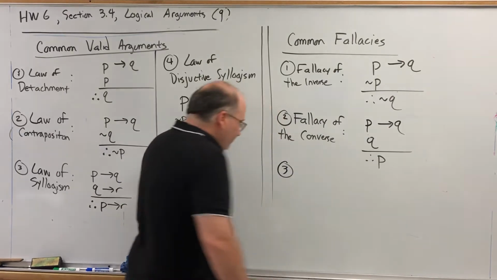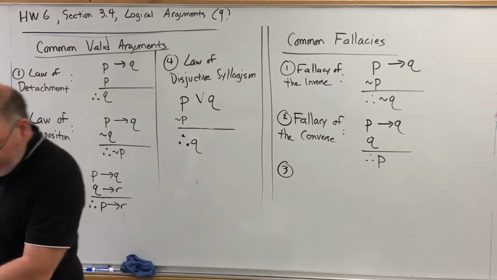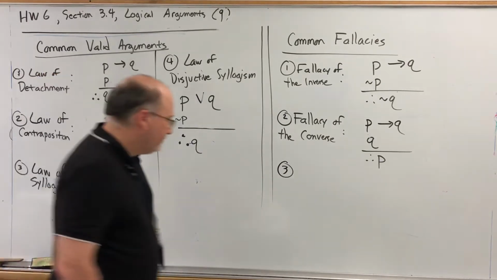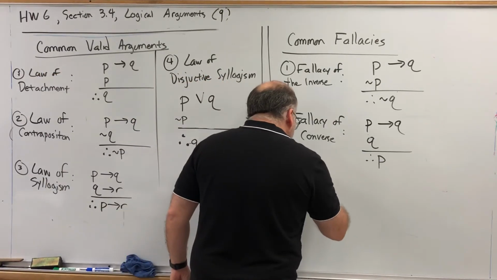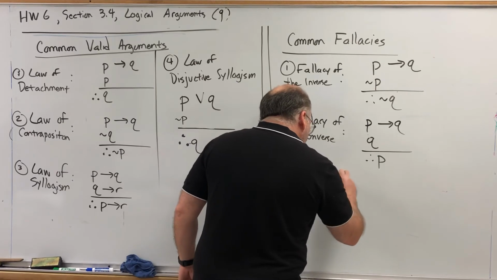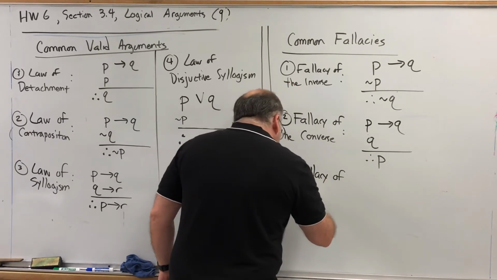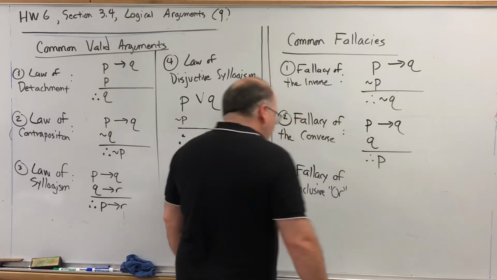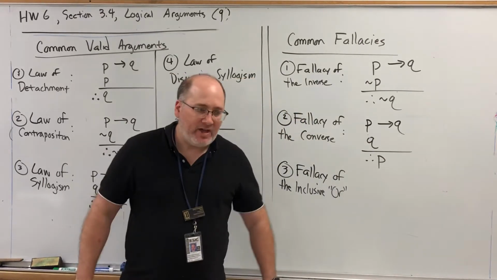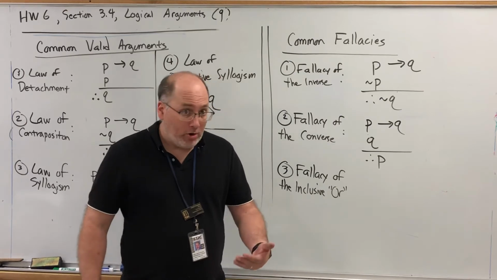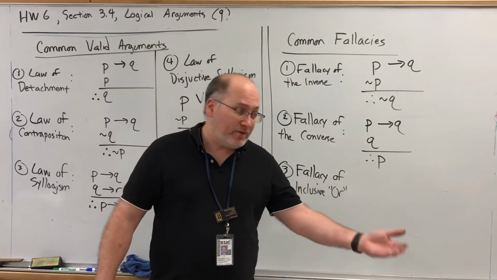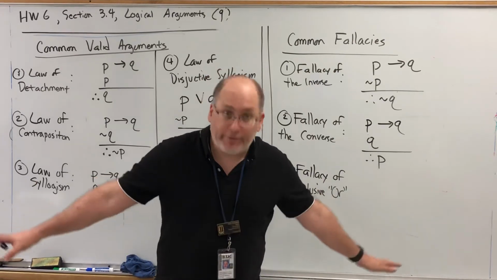And the third one is called the fallacy of the inclusive or. I believe in a previous video I mentioned that when you see the word or, logically speaking, it means the first part is true or the second part is true, or both are true.